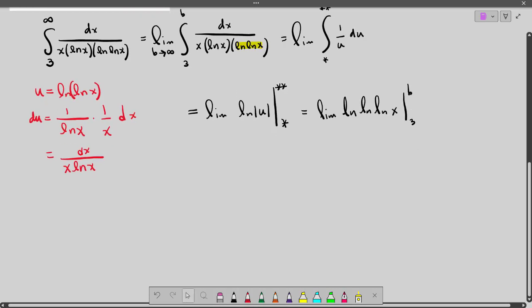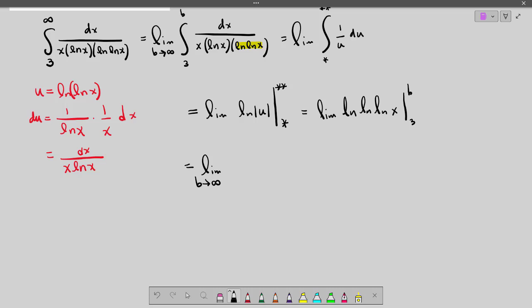So we're going to have the limit as b goes to infinity of ln ln ln of b minus ln ln ln of 3. And that limit as b goes to infinity is infinity. So therefore we have divergence.